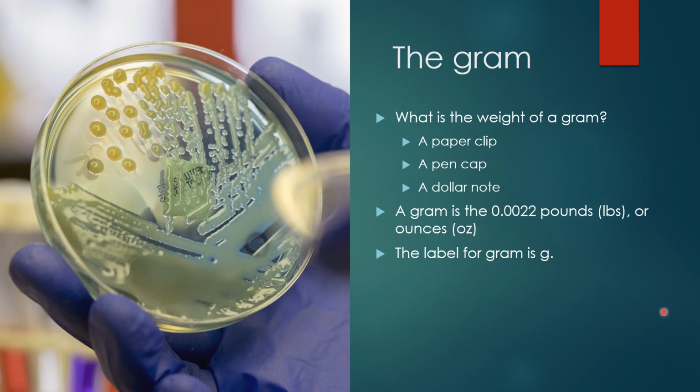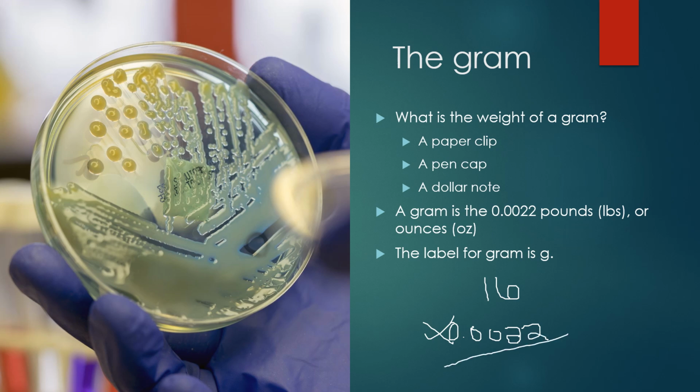Let's quickly do some math. There are 16 ounces in a pound. Let's do 16 times 0.0022.